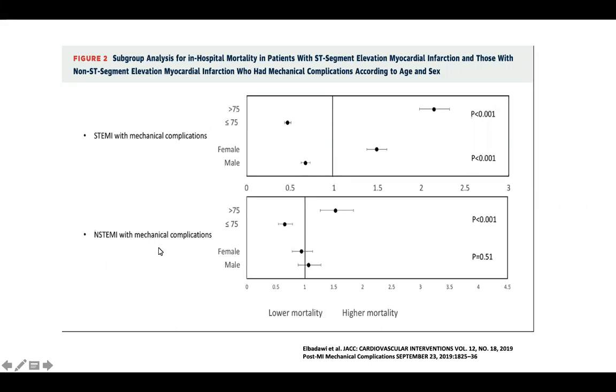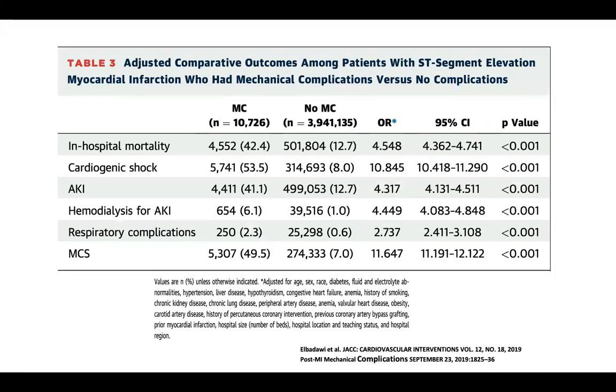In the non-STEMI group, again elderly females were the worst and the younger were better. But here the graph is different: females had better outcomes compared to males. I went through the paper and did not see any reason why, but this is the general overall picture.